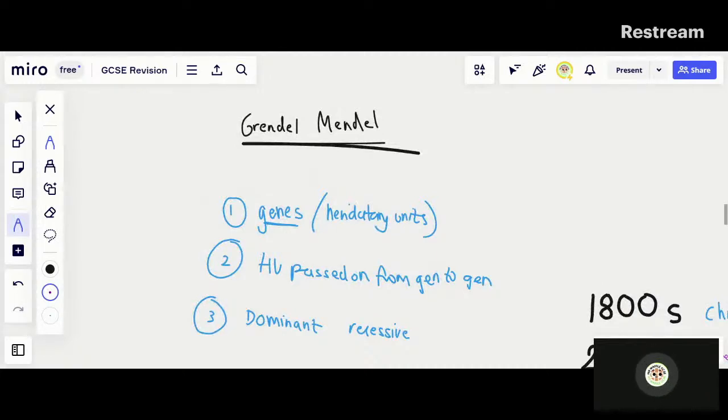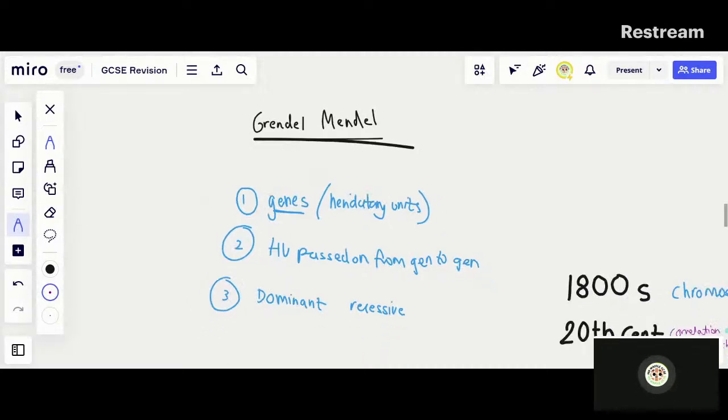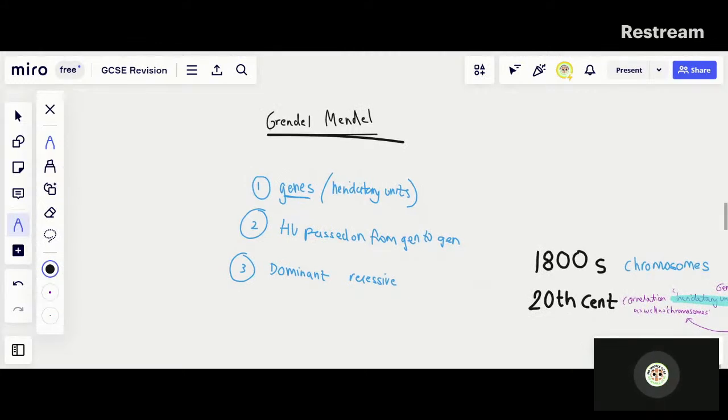They controlled characteristics, and they could be dominant or recessive, so one of two states. So Mendel found from these pea plants that there are these things called hereditary units that control the characteristics, are determined by the parents and passed on from generation to generation, and can be dominant or recessive.